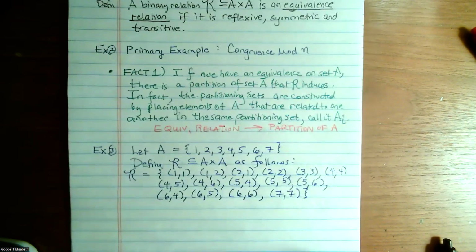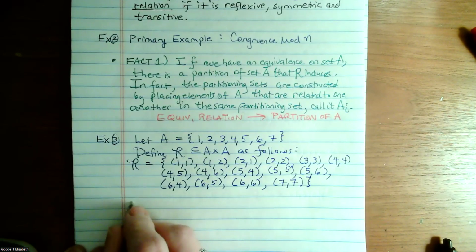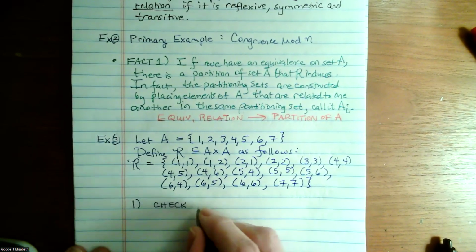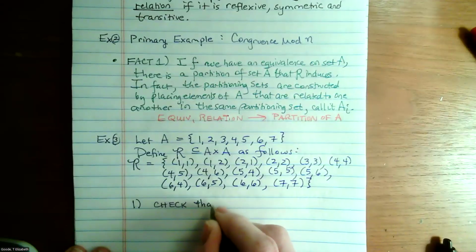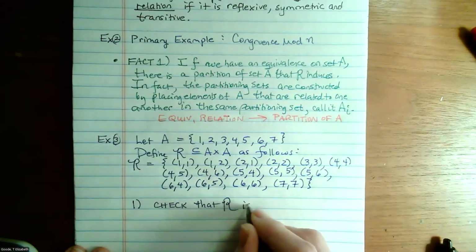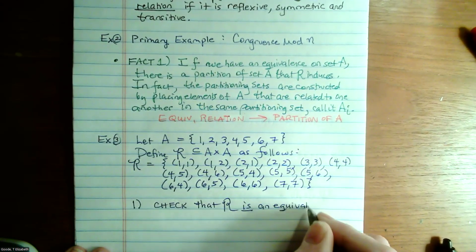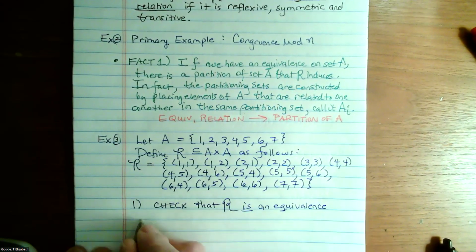Now we can check that this is an equivalence relation. Let's just go through a check. Check that curly R is an equivalence relation on A. Once we have verified that, then we'll play the partition game.